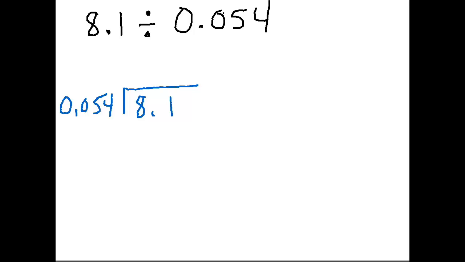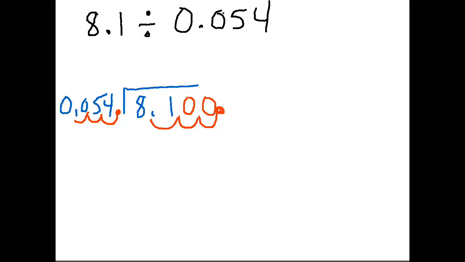And when I multiply by 1,000, my decimal point is going to travel 1, 2, 3 places to the right. It has to do the same, of course, in my dividend, and it's going to go 1, 2, 3 places to the right. But you'll notice that I have 2 blank spots. Well, those empty spots are going to be filled with zeros.